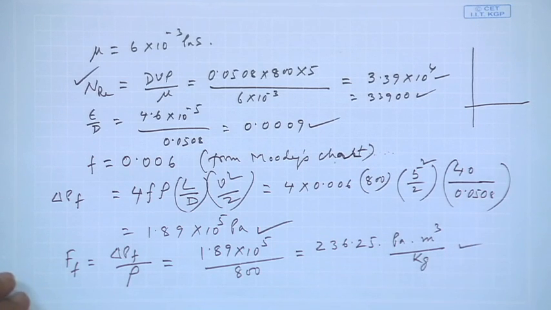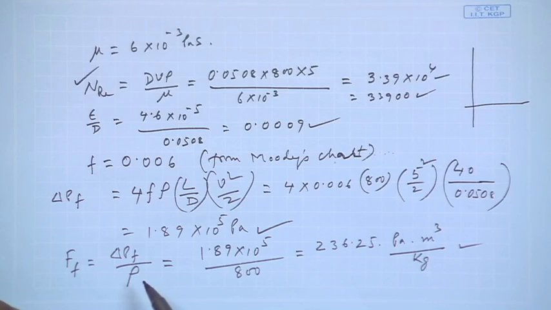Now, normally the frictional loss is not expressed in terms of Pascal meter cube per kg. If you are asked to find out the frictional loss in terms of joules per kg, how can you determine that?